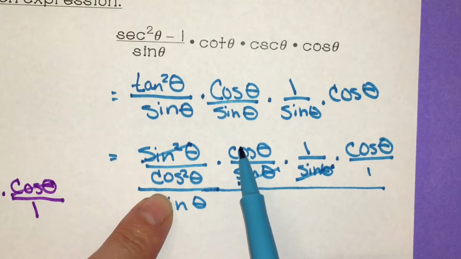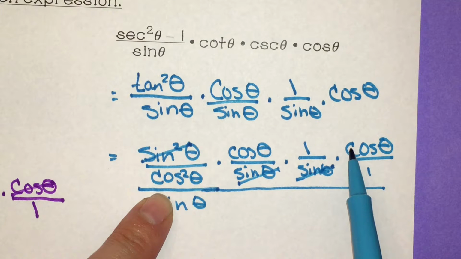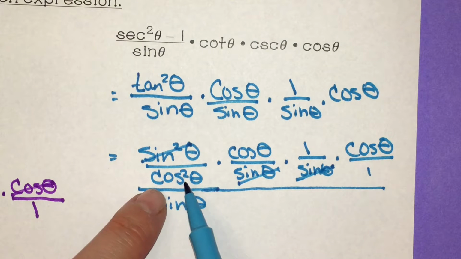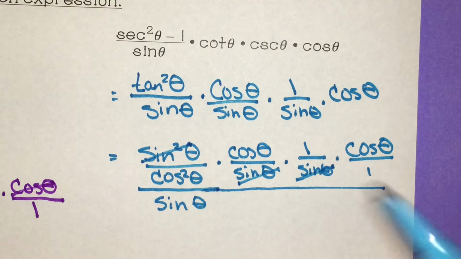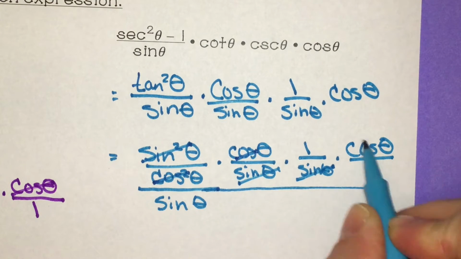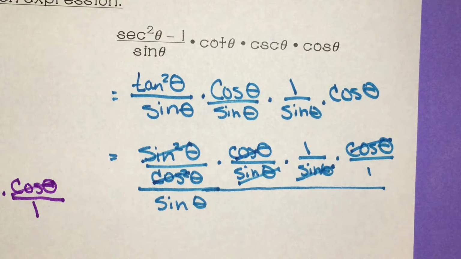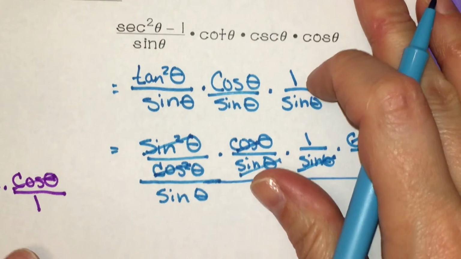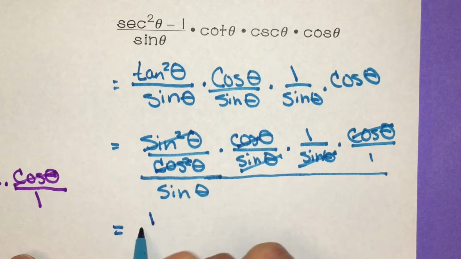All right, here I have on top cosine times cosine. On bottom, cosine squared, well, that's just cosine times cosine. So those also cancel each other out. So I'm left with 1 divided by 1 on top, which is just 1. So I have 1 on top and sine theta on bottom.